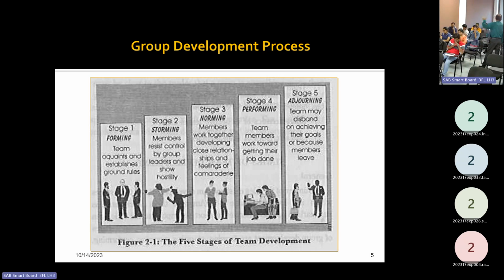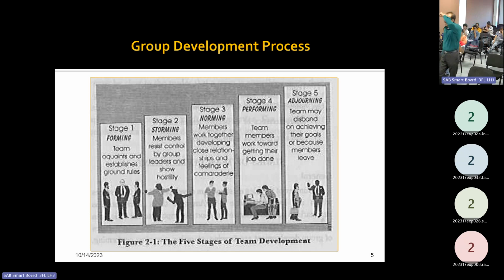Then it is right opposite to the first stage. Certainty is high about all the ground rules. In the first stage, uncertainty is high about the ground rules. In the second stage, there are conflicts, allowing members and the leader to argue for the ground rules.